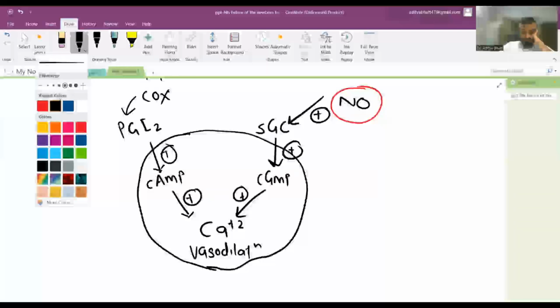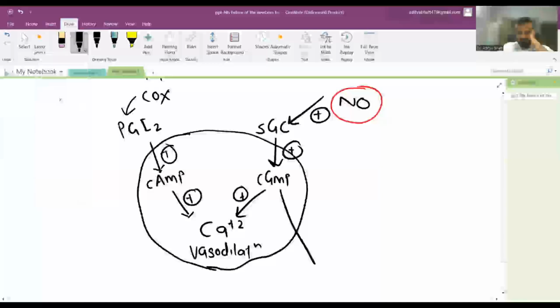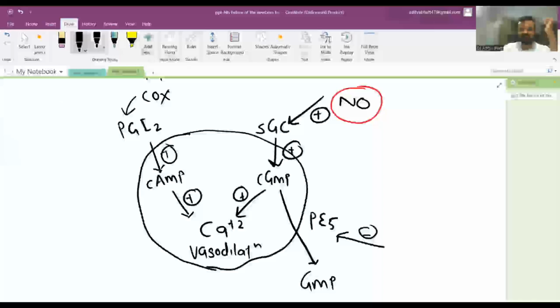Also, there is an enzyme which will cause the conversion of cyclic GMP to simple GMP, and that enzyme is known as PDE5. Now, when this PDE5 is inhibited, there is decreased formation of GMP from cyclic GMP, and here we have everyone's favorite drug, sildenafil.